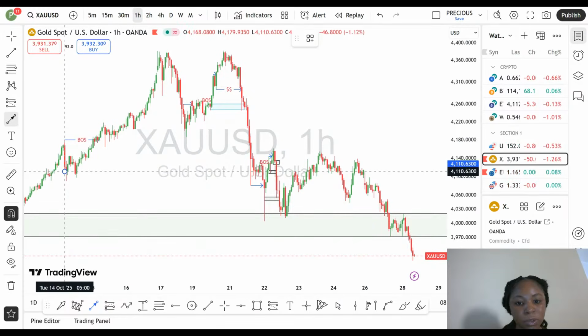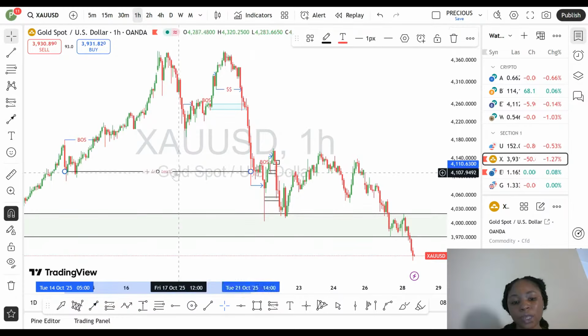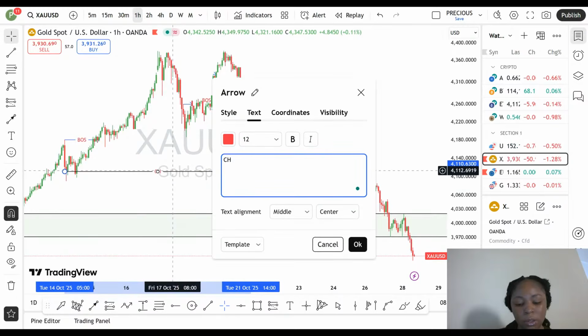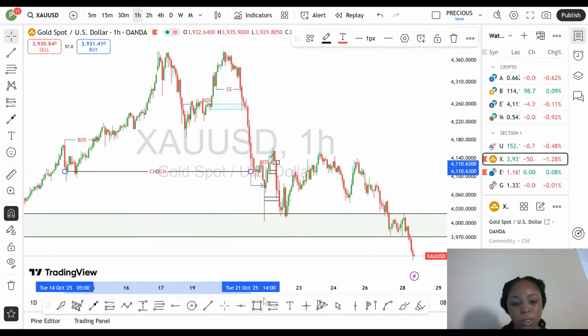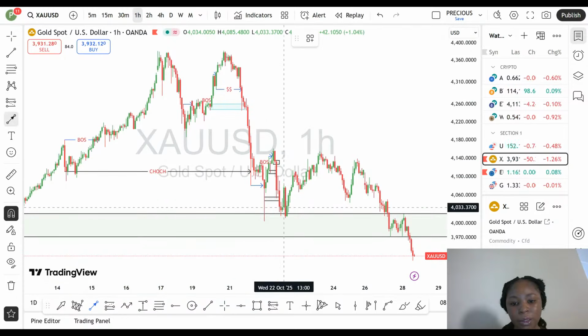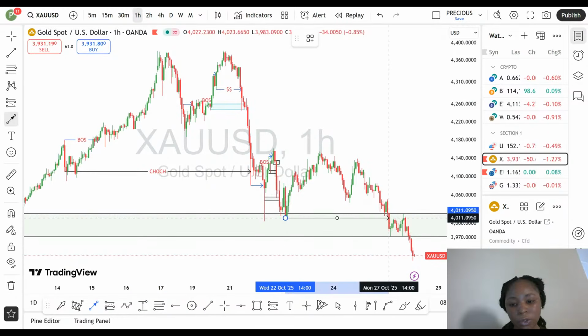It's something we can say, okay, we have a change of character to the downside. I'm just going to mark out the structure. I have to go. And then now price was able to create another lower high. So now we have a second break of structure to the downside.